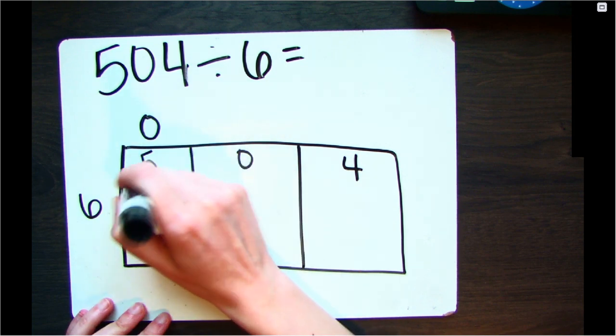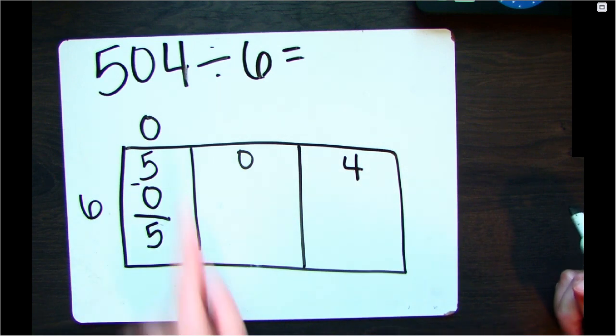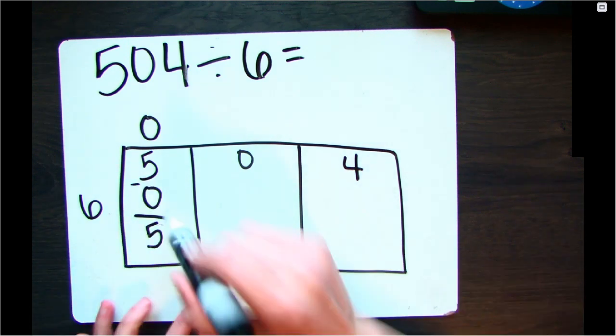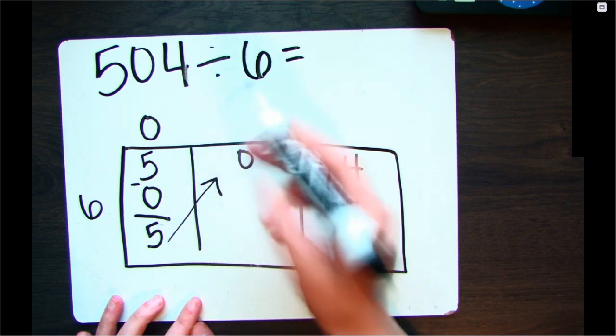I need to subtract it, and I get 5. Just because something doesn't go into 5 doesn't mean I don't have to put something there. Otherwise, I'm going to get a wrong answer. So every time that it doesn't work at the top, you write a 0. That way, when you get down to the bottom, whatever's left over, you carry over here.